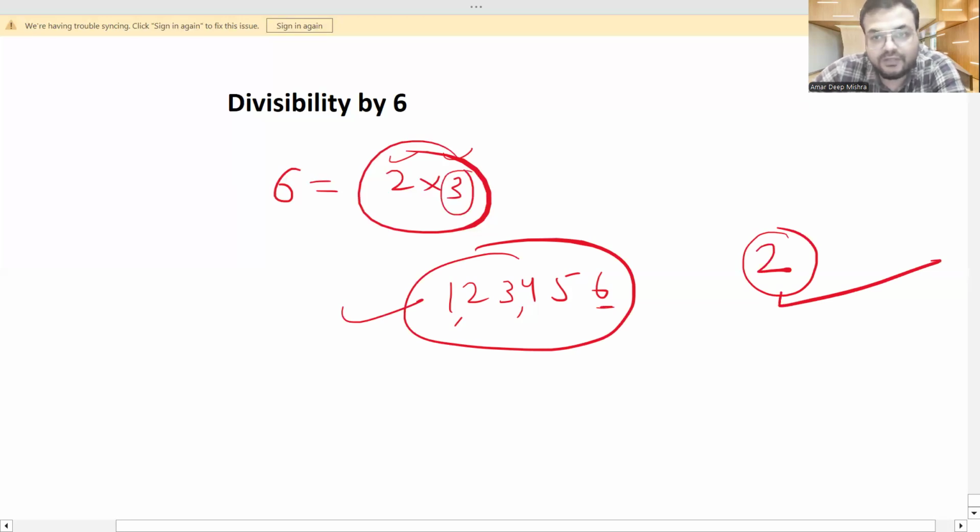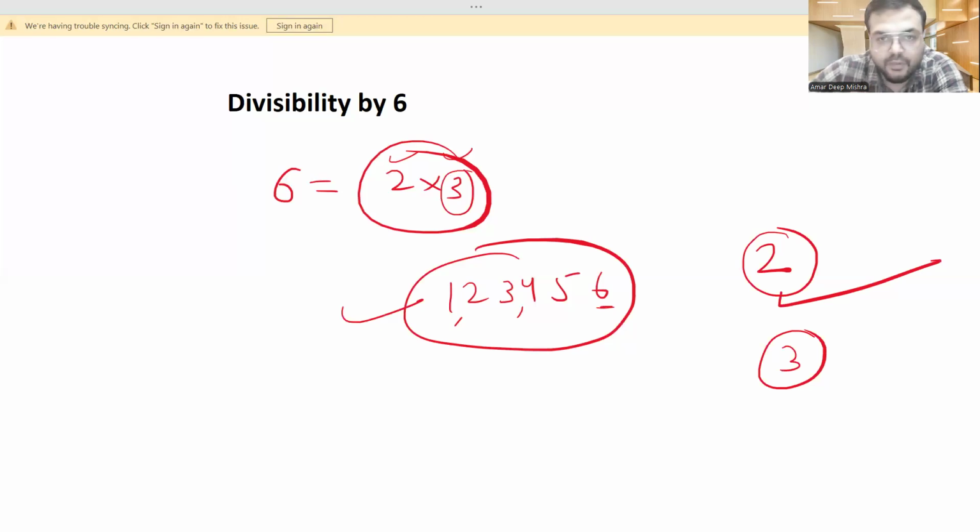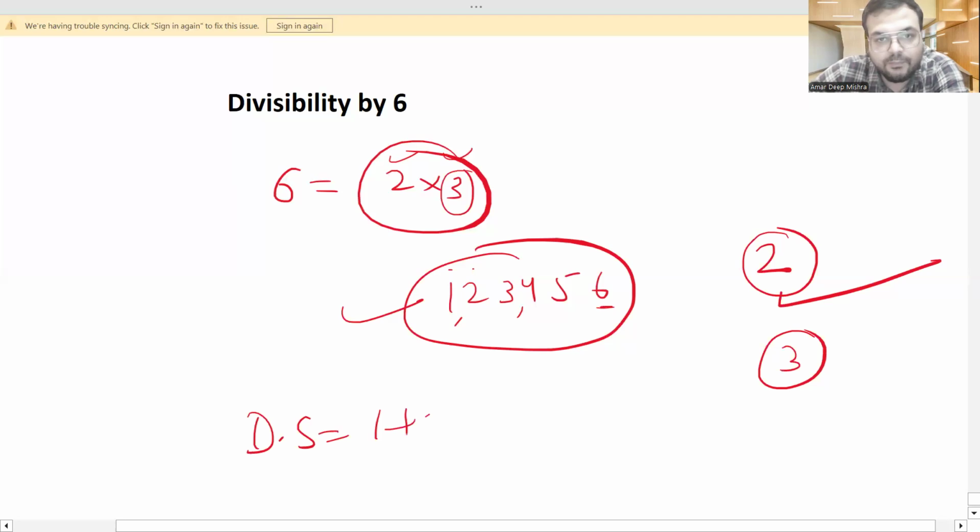Now the second one is 3. We have to check whether this number is divisible by 3 or not. So to find out the divisibility by 3, we have to find out the digit sum. So the digit sum will be 1 plus 2 plus 3 plus 4 plus 5 plus 6, the sum of all these digits. So 1 plus 2 is 3, 3 plus 3, 6, 6 plus 4, 10, 10 plus 5, 15, and 15 plus 6, 21.